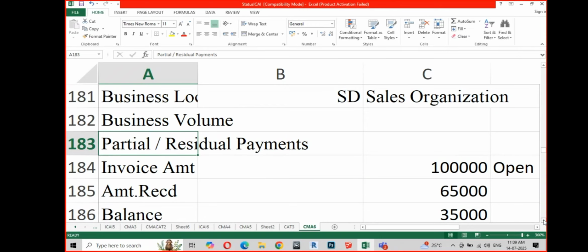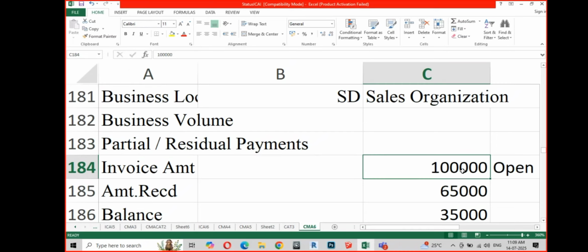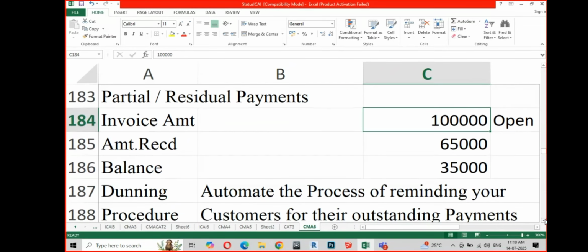So the customer is paying me 65,000 rupees for that particular invoice amounting to 1 lakh rupees. I have a payment being made by the customer for 65,000 rupees. Normal business scenario, right? Not special to SAP alone. This normally happens even in the business, whether SAP or non-SAP.